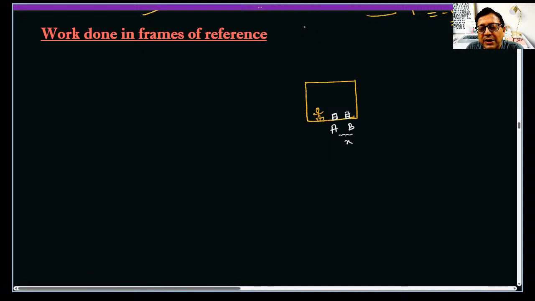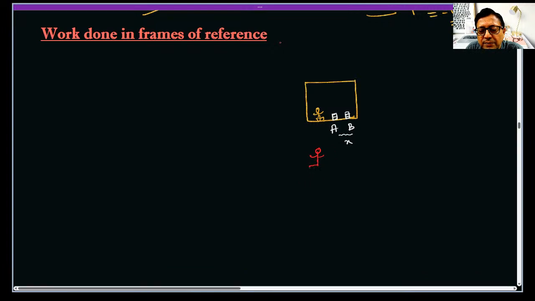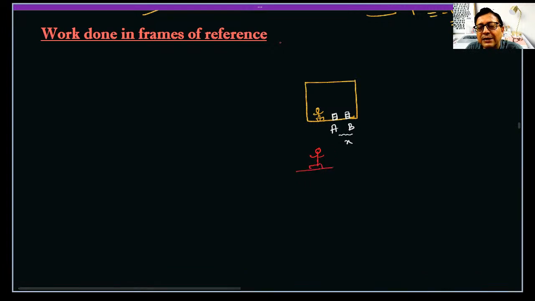Then how much work is done by the force with respect to you? How much work is done by an observer standing outside? Observer now standing here, I mean another observer. This is not the same observer standing here.